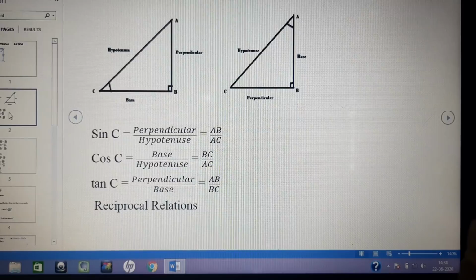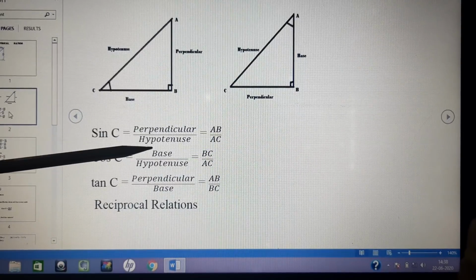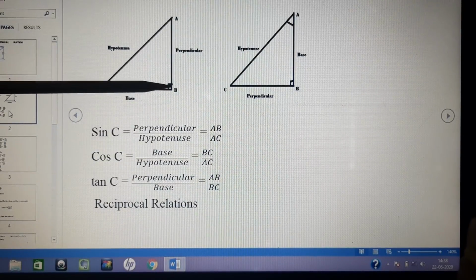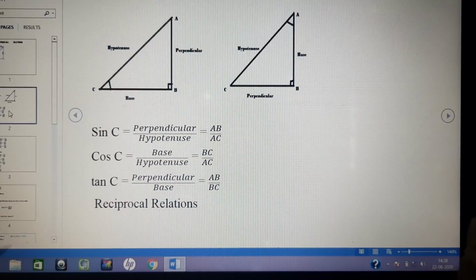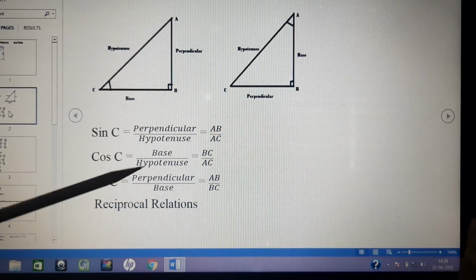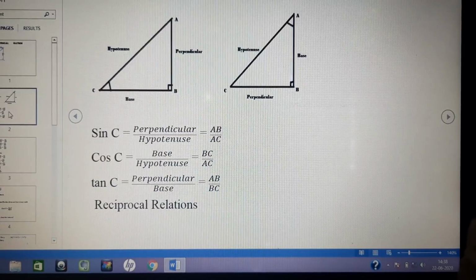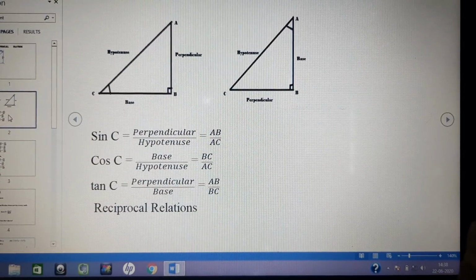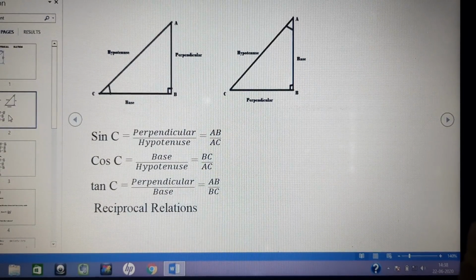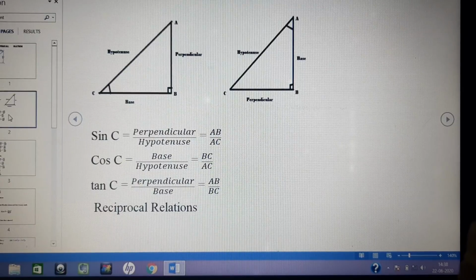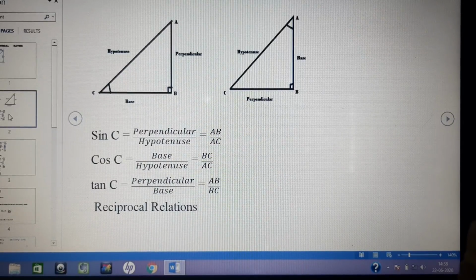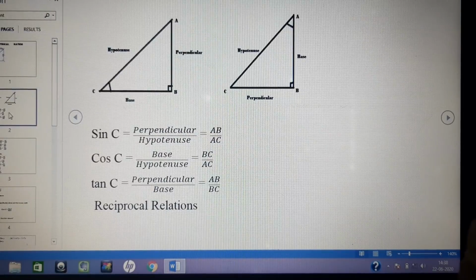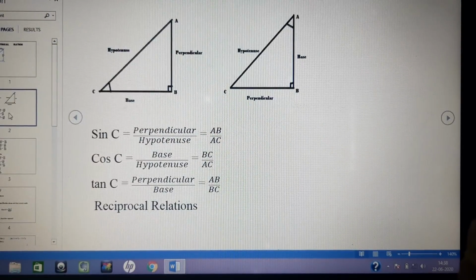Clear? So sine C is perpendicular upon hypotenuse, that means AB upon AC. Likewise cos C, base upon hypotenuse, so BC upon AC. Tan C, perpendicular upon base, so AB upon BC.